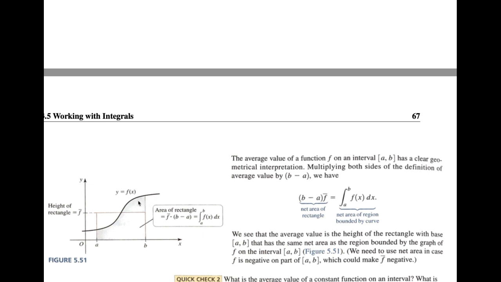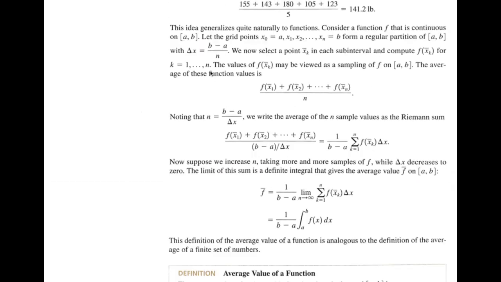But we can cut the interval into n subintervals of length delta x, as in the process of integration. Choose a point xk bar in each subinterval. Evaluate the function at these n x values, and then take the average of these n numbers as usual.